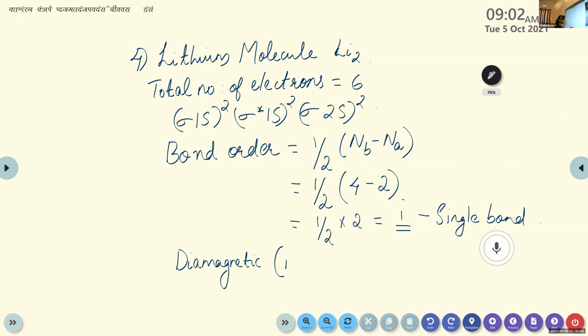In bracket, you can write no unpaired electron. And this lithium molecule exists only in vapor phase. That's not a common molecule. It only exists in vapor phase.